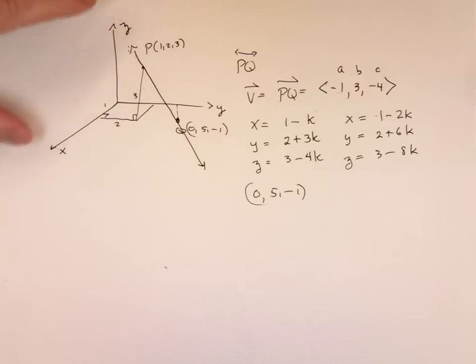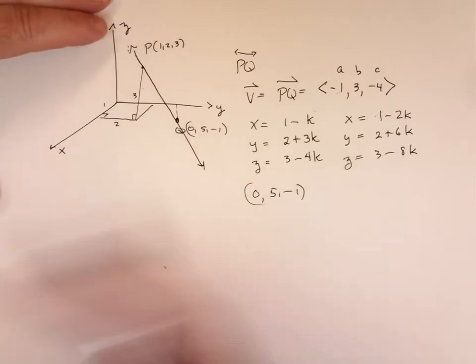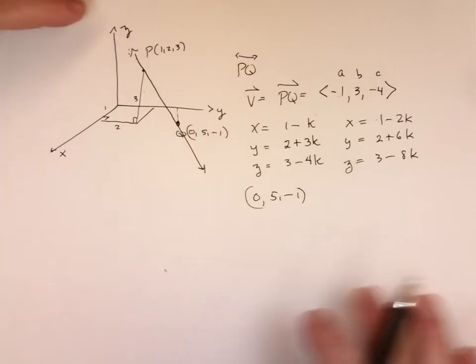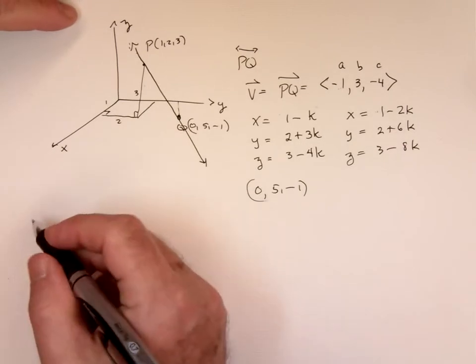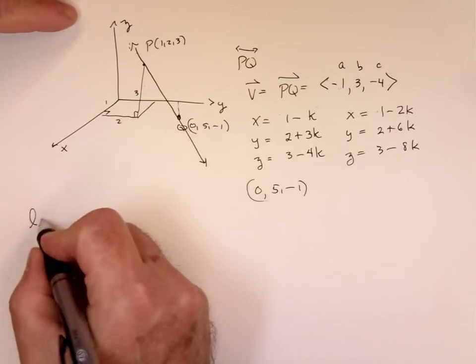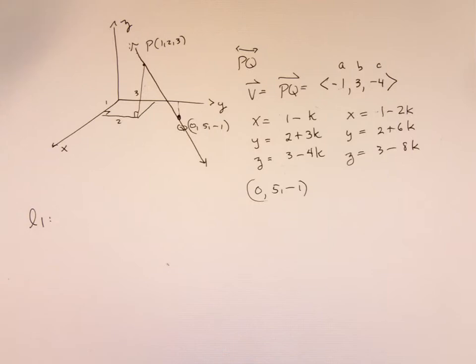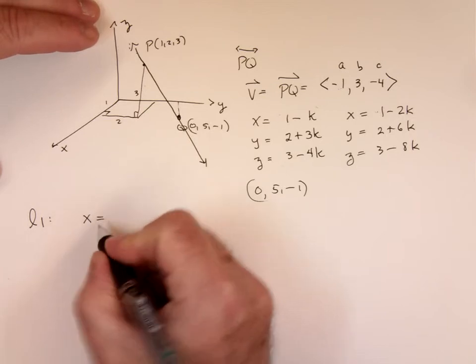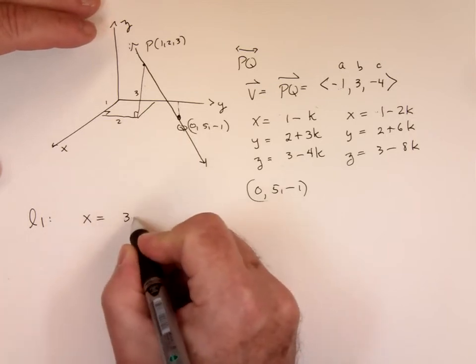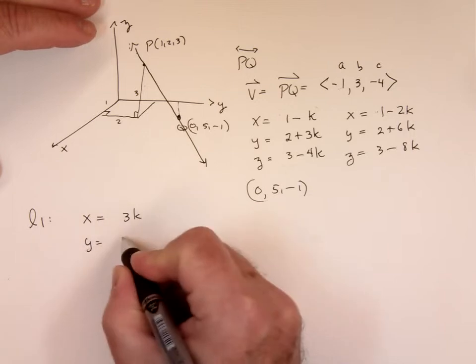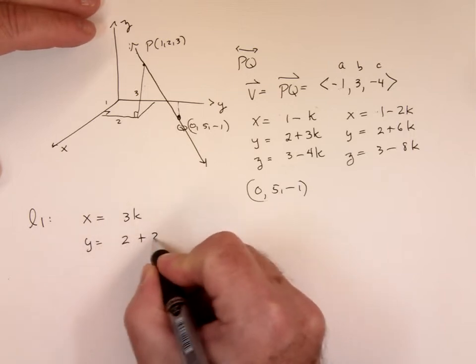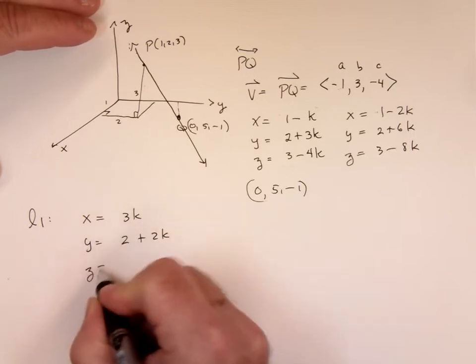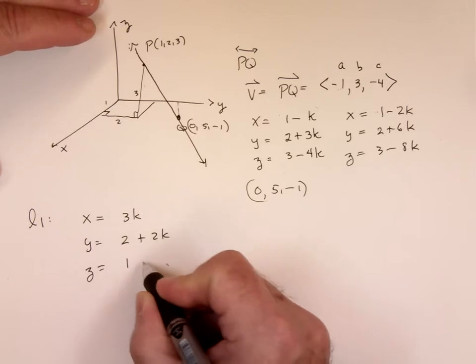All right, so let's do 2 separate lines here. And I'm pretty sure this is a web assign exercise as well. Does somebody have a web assign exercise there? No, that's all right. I'll just make one up. Line 1 is, let's say x is equal to 3k, y is equal to 2 plus 2k, and z is equal to 1 minus k.